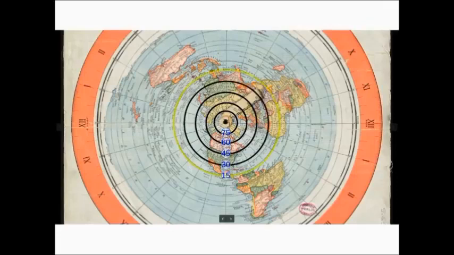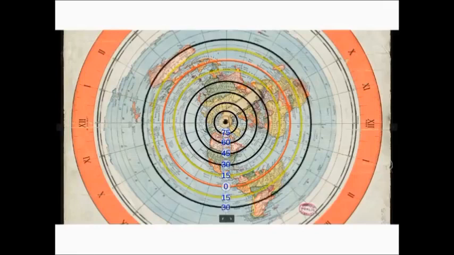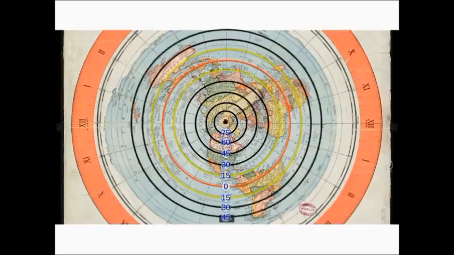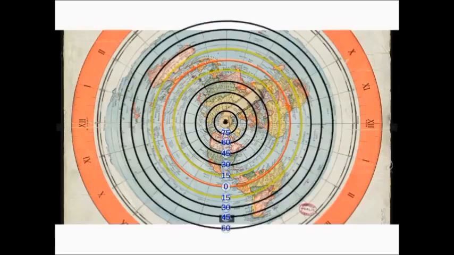Then we got the 15-degree, which is the Tropic of Cancer. And then comes the equator, which is the 0-degree line. And now we head south. So now we have 15 degrees south, which is the Tropic of Capricorn. And then 30 degrees south, and then 45 degrees south. And then we have the 60 degrees south.